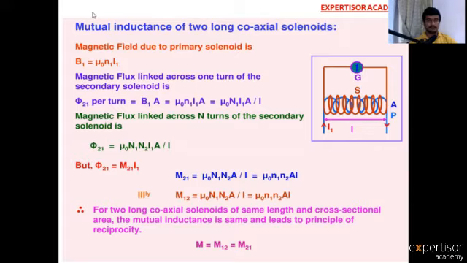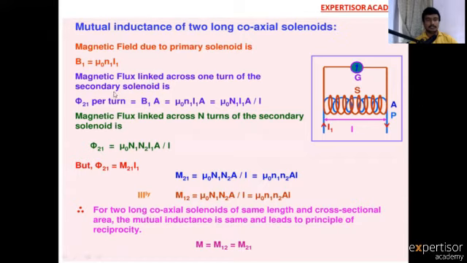This magnetic field B1 is equal to mu naught into n1 into I1. So the magnetic flux linked across one turn of the secondary solenoid is equal to, here N1 is the number of turns in solenoid 1, I1 is the current.